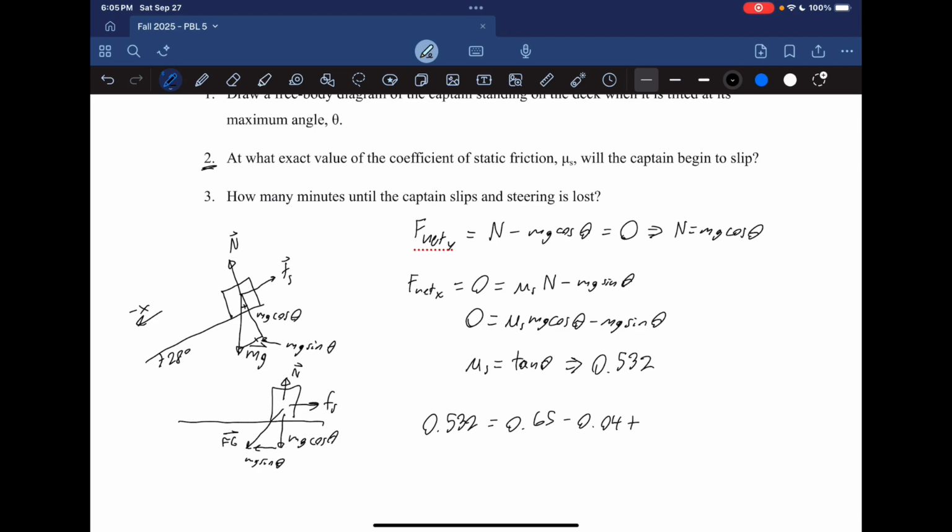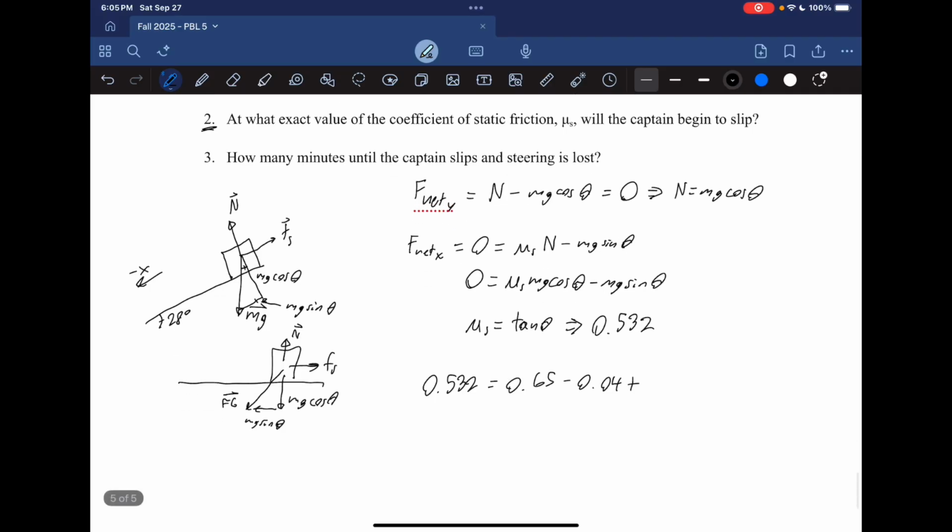And you may realize that this looks very similar to our kinematic equations. So if we solve for time, we get that the time, which is in minutes, is equal to 0.65 minus 0.532, all divided by 0.04.